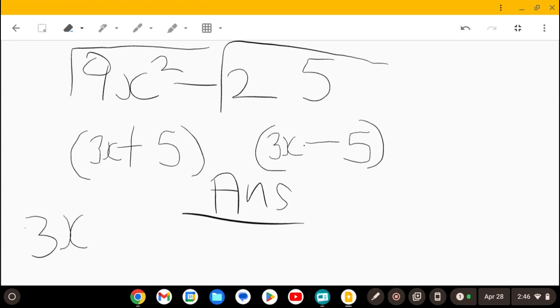Then you find the square root of 25, which is 5, and write the 5 on the right side of both brackets. This will be our answer, with a plus solution and a minus solution. And if you were to expand these brackets, you're going to get back the same 9x squared minus 25. So let's look at another one.